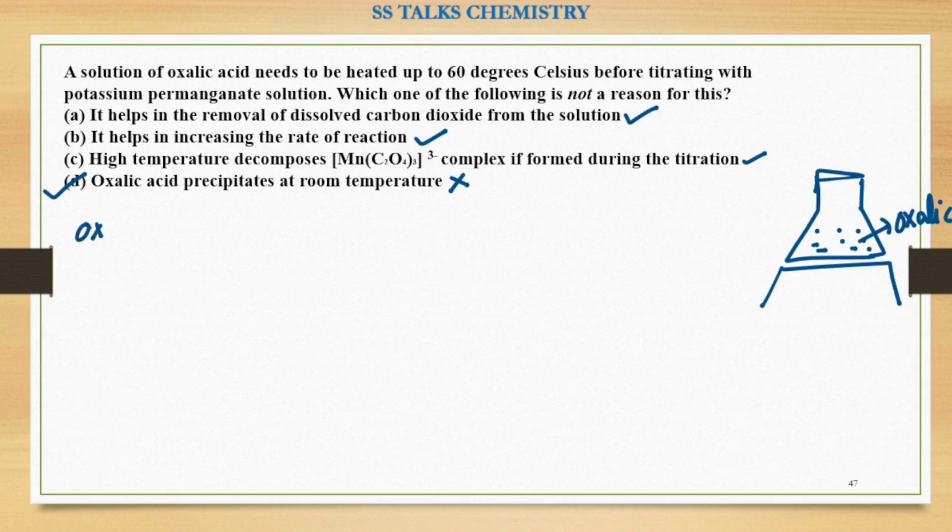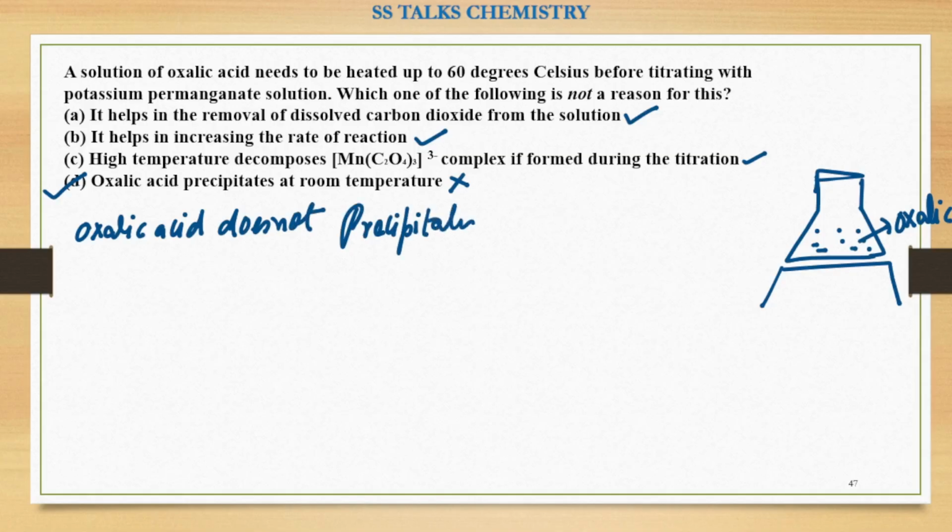Oxalic acid does not precipitate at room temperature. Its precipitates are never formed, right? So the heating is done for the other processes and not to remove precipitates.